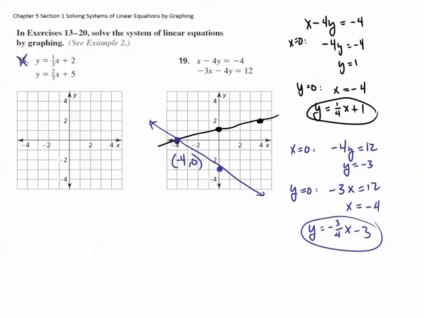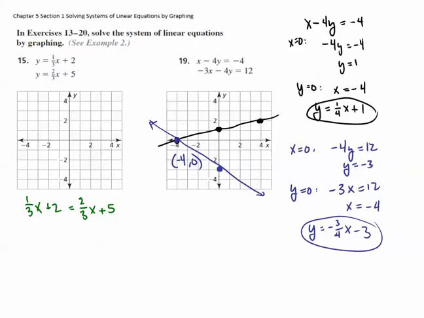Now I am actually going to go back and take a look at number 15, and we're going to look at that using the method of substitution instead, since by the time you're watching this video you've already learned the second section there. And so we have y equals in both cases. All we have to do is set the two equations equal to each other. Since they're both equal to y, we get 1/3 x plus 2 is equal to 2/3 x plus 5.